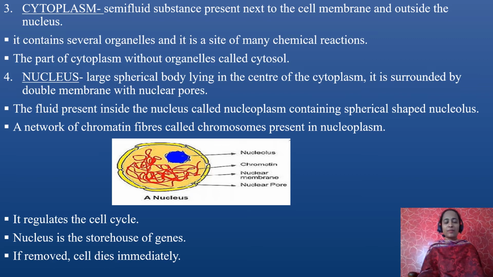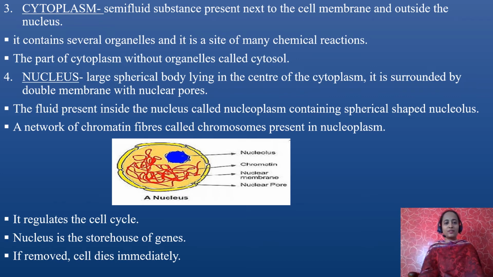Maximum cellular chemical reactions take place in the cytoplasm. The part of the cytoplasm without organelles is called cytosol. What is meant by cytosol? Cytoplasm without any membrane-bound organelles is called cytosol.